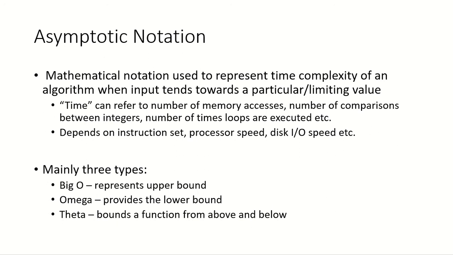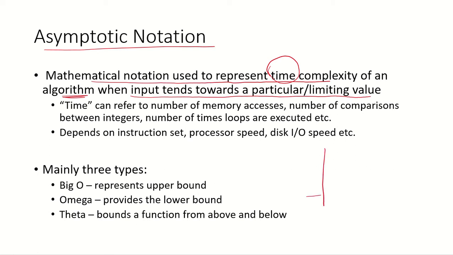So now we can say that the mathematical notation that will be used to represent the time complexity will be done by using asymptotic notation, and this represents the time that will be taken by the algorithm when the input tends towards a particular or a limiting value.